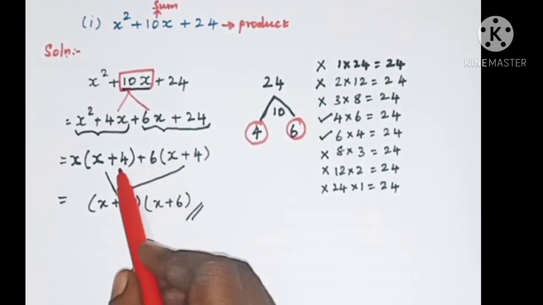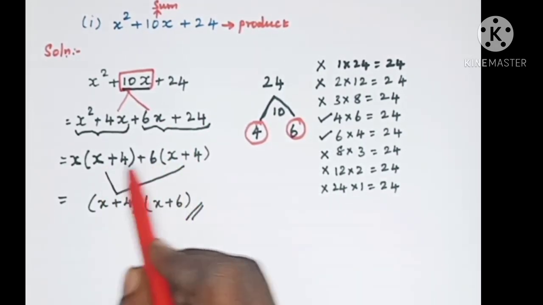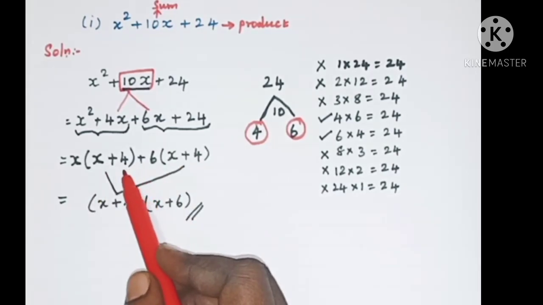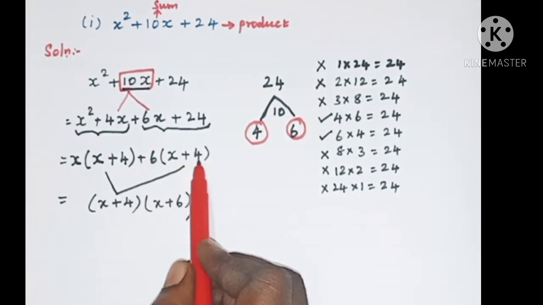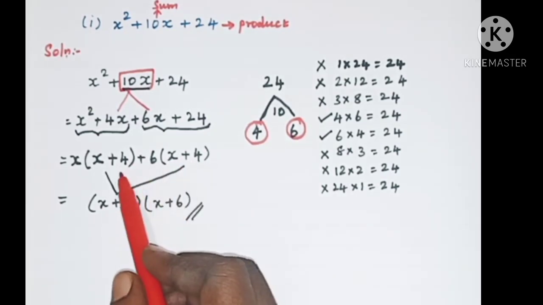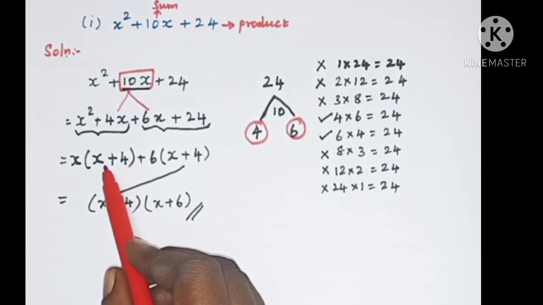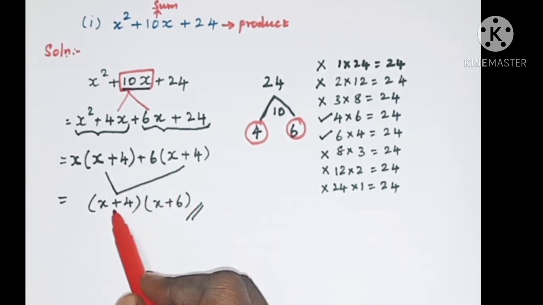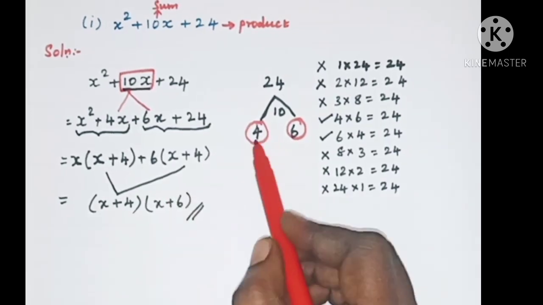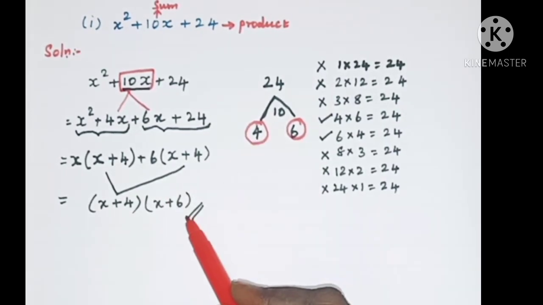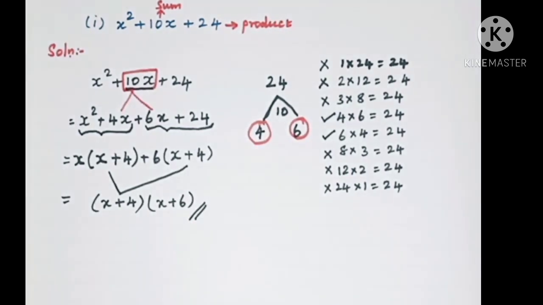We should get the same expressions inside the brackets. Otherwise, your sum will be wrong. So here we get x plus 4 and the same x plus 4 here also. Now inside the bracket take one x plus 4, and outside the bracket we have x plus 6. So x plus 4 and x plus 6 are the factors for the first sum, first subdivision.